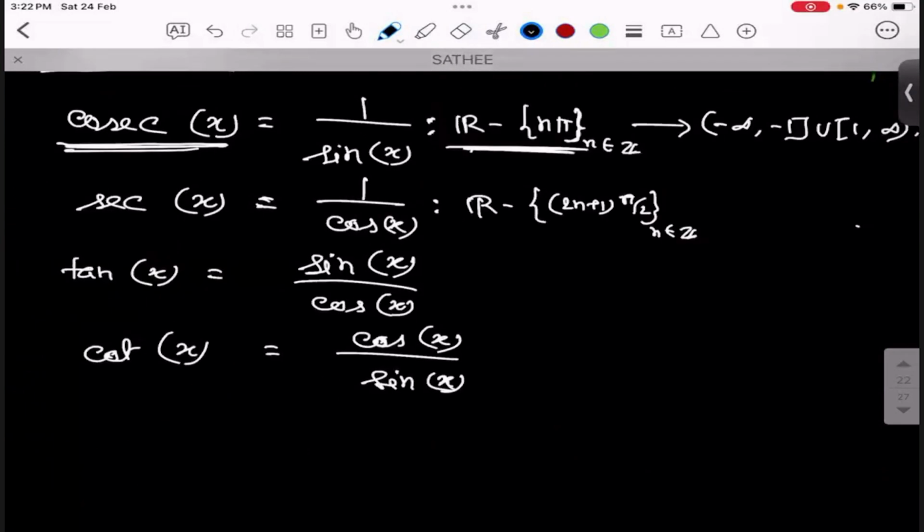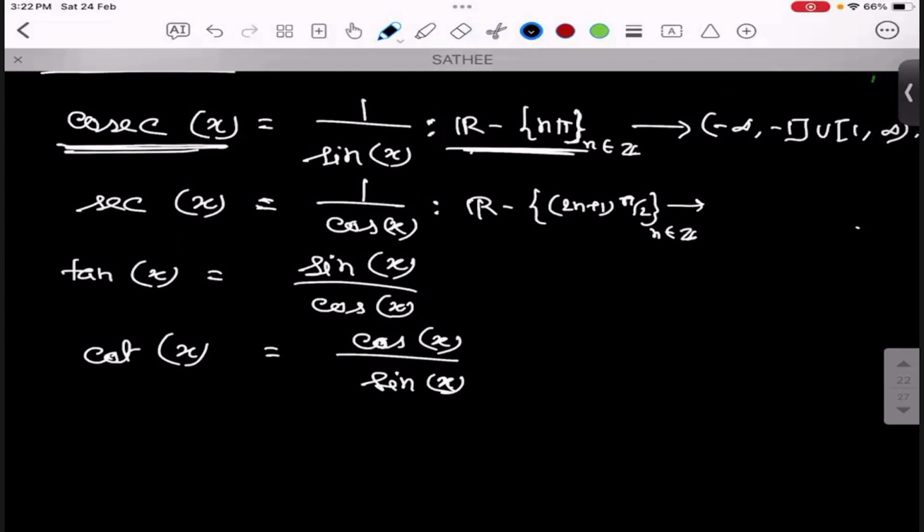So what will be the range? The range should be similar, because of the same thing: cos x lies between minus 1 and 1, and we have eliminated those points where cos x can be 0. So by a similar way, the range should be minus infinity to minus 1, union 1 to infinity.